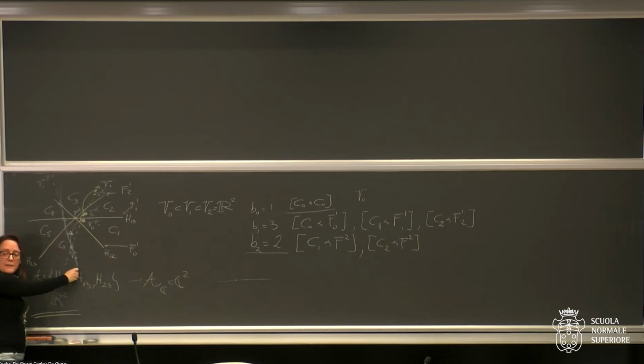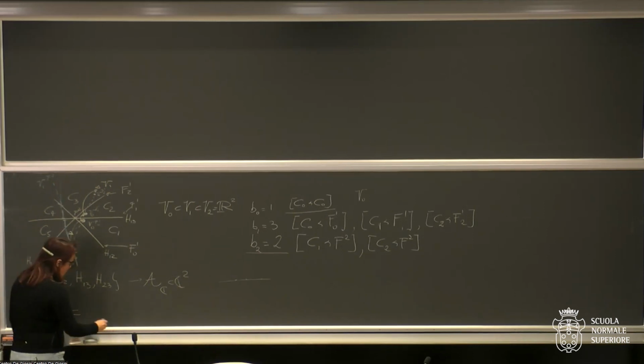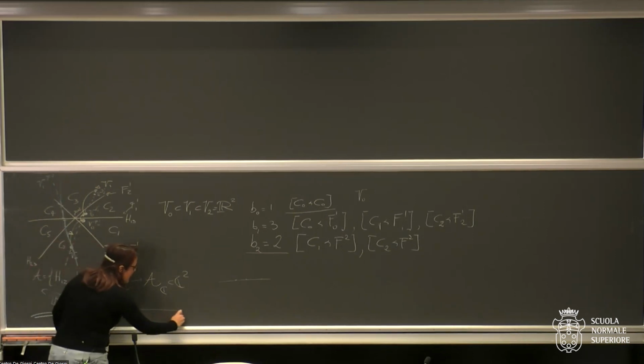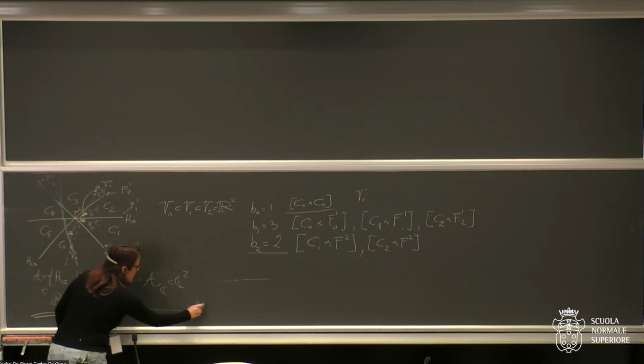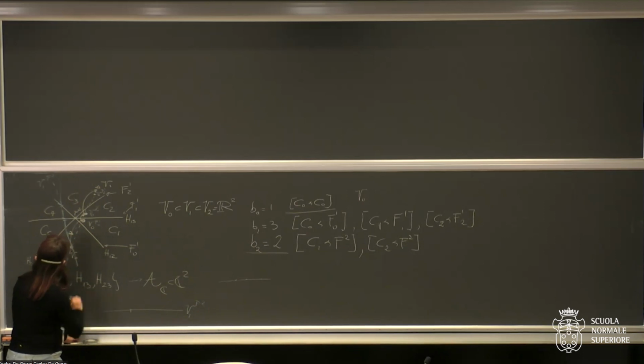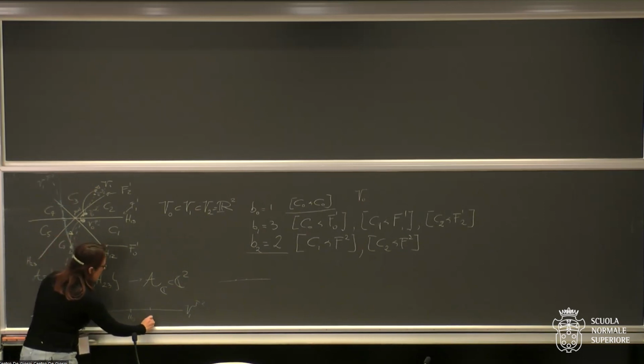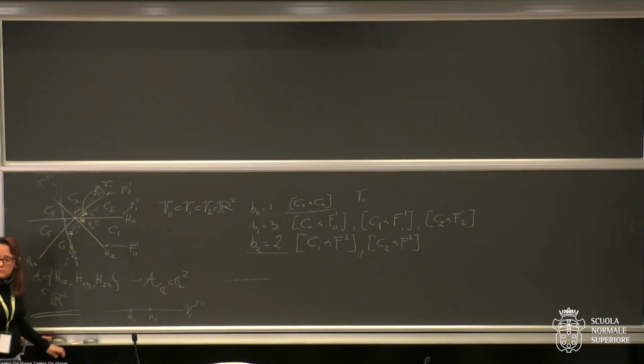This one is unlimited. So how does it look if we pick V1, F2? Here we have the intersection with H2,3. Here we have the intersection with H1,2.